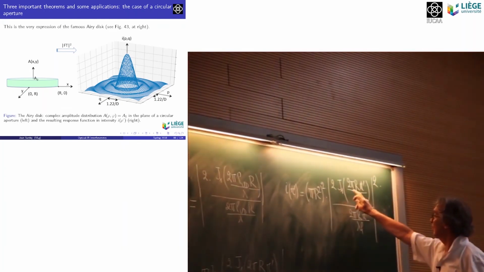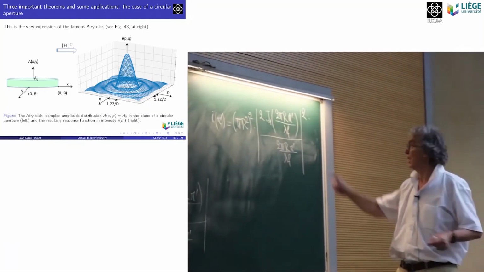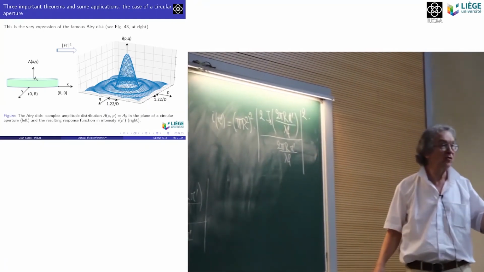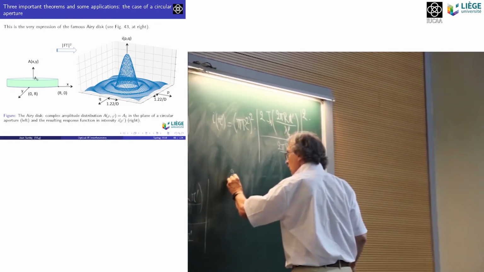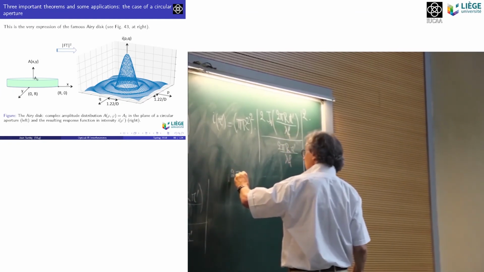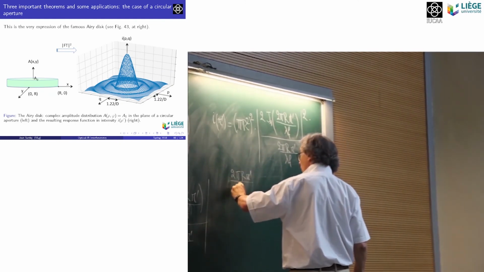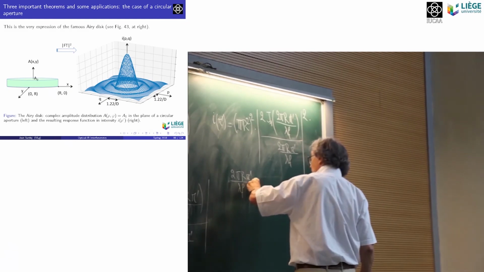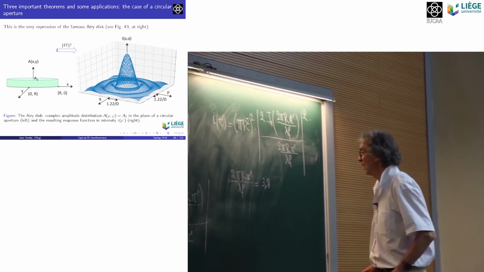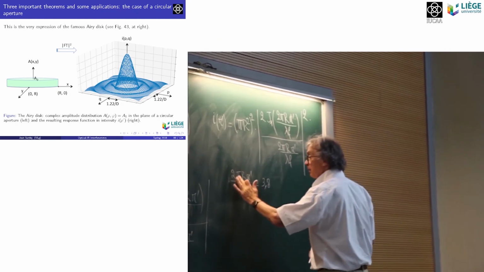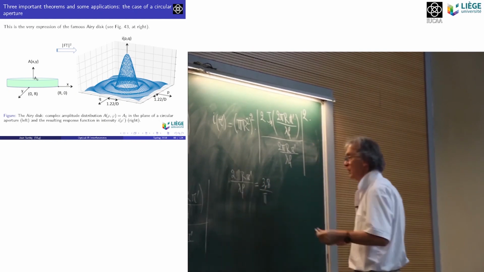You remember that the first order Bessel function will have a zero for the value of the argument equal to 3.8. So here I just write, 2 pi times r prime over lambda f should be equal to 3.8. I divide by pi, 3.14.